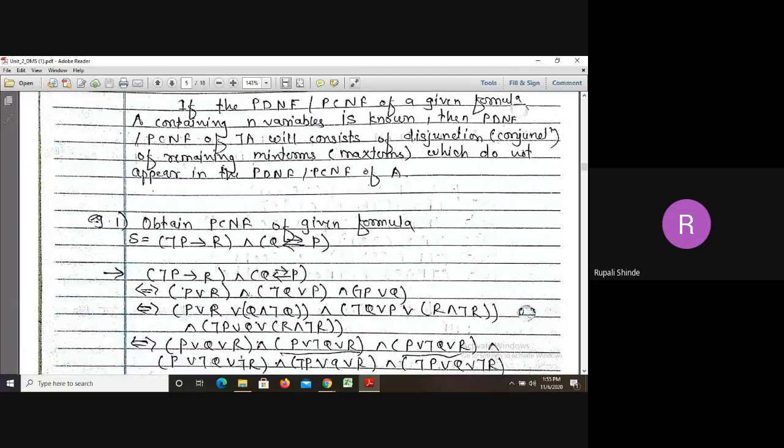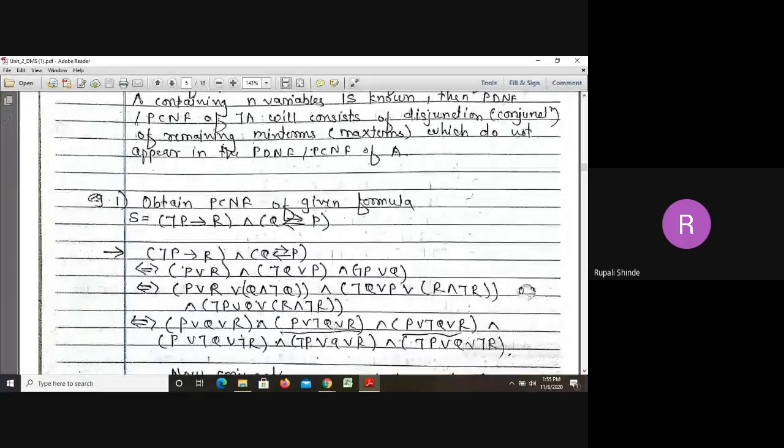Now check here, and negation Q or P. For this one R is missing, and we have added it as or R and negation R. And for this last term, negation P or Q, R is missing and that is added as or R and negation R. Now we have to apply the distributive law as P or Q or R. This is the first bracket.